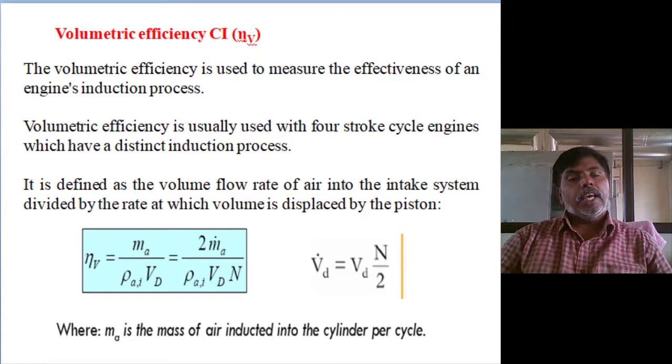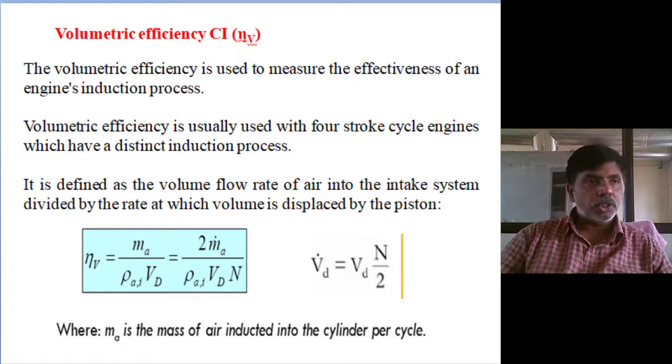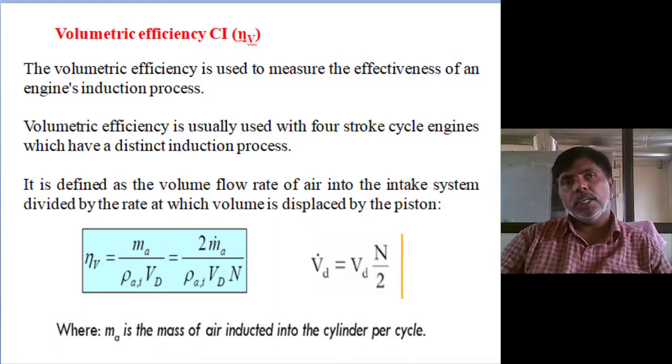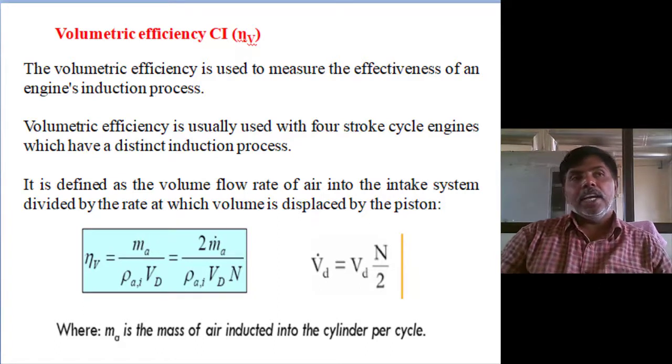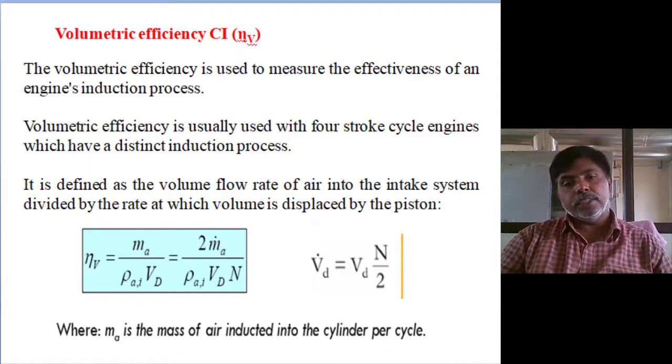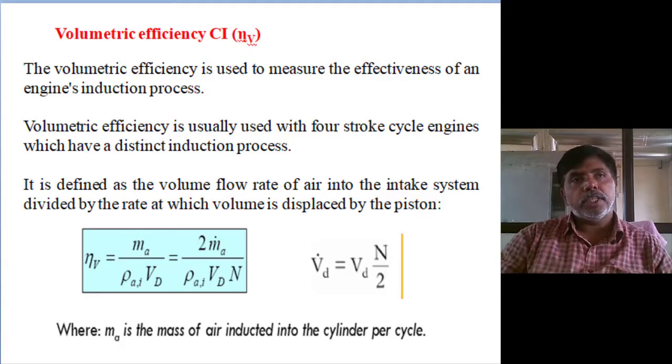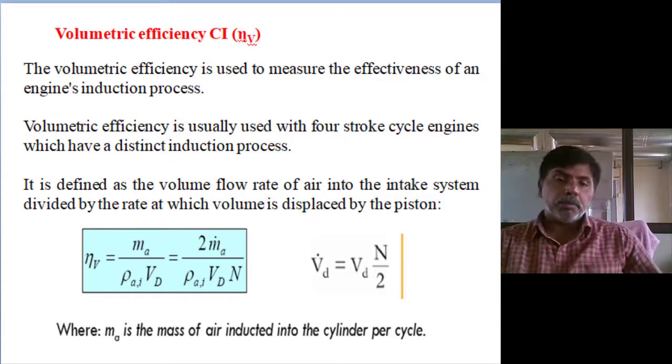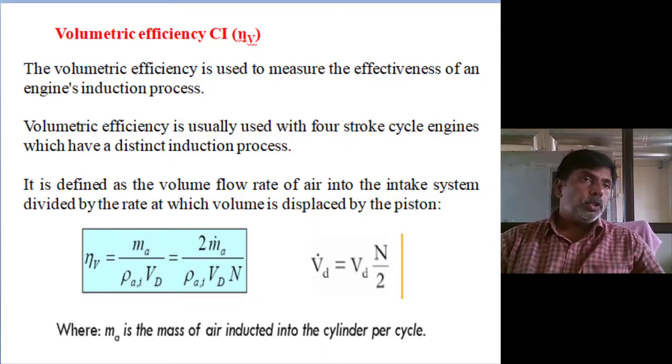Actual mass flow rate by theoretical volume. In that volume, for the atmospheric density, how much mass we can accumulate inside the cylinder, that is rho into displacement volume. This is the theoretical. Actual means the actual mass flow rate of the air we are calculating.